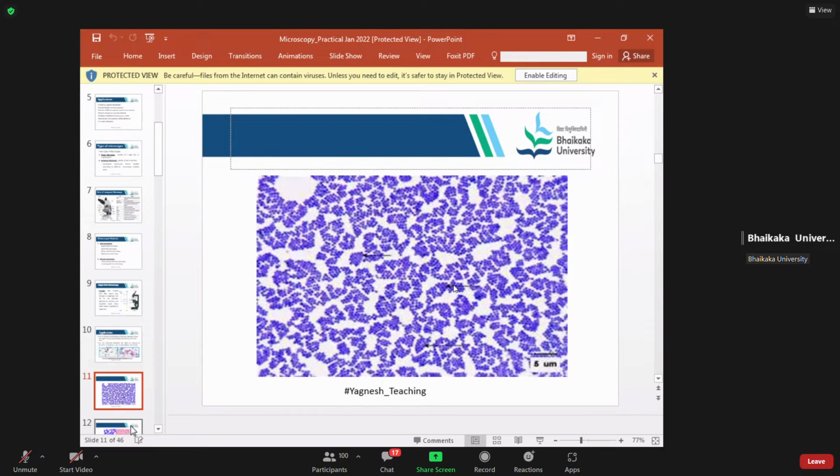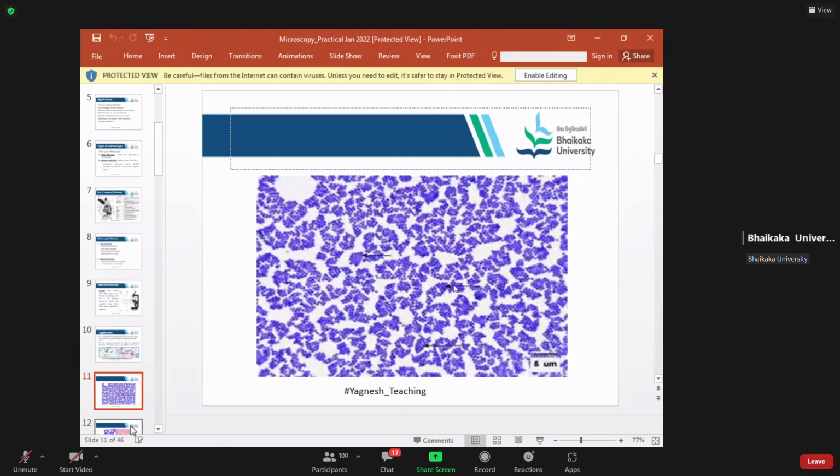Now see the Gram reaction. The cells are violet in color, so these cells are gram positive cocci. Cocci means they are circular. So gram positive cocci arranged in clusters. You can write a statement like this: gram positive cocci arranged in clusters.